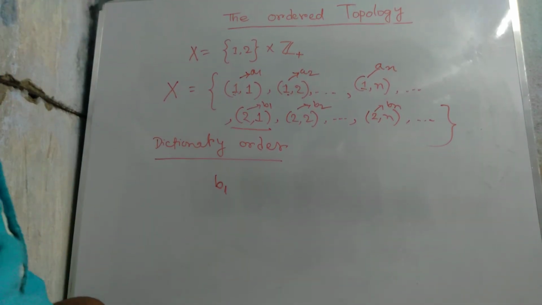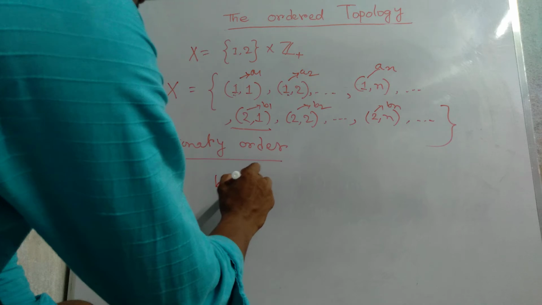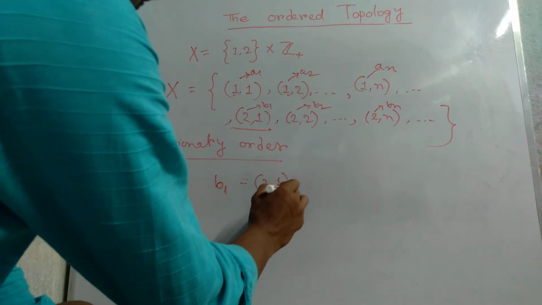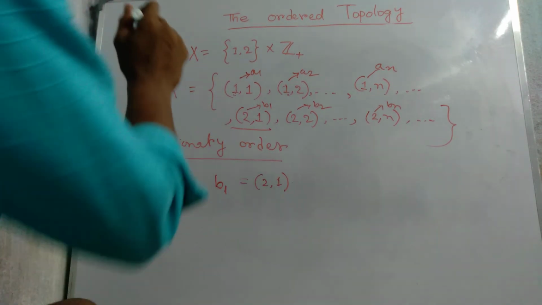How is this possible? That means B1 equal to (2,1), this point of this set.